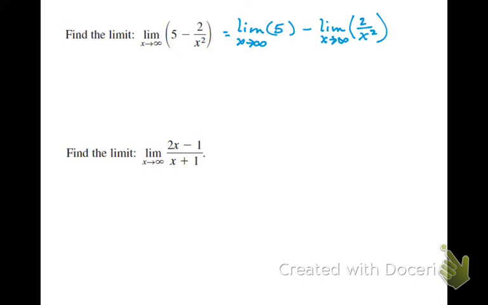So what is the limit of any constant number? It's 5. There's nothing to change, right? So it's 5 minus. Now what's the limit of 2 over x squared going to be? 0. So the answer is what? 5.